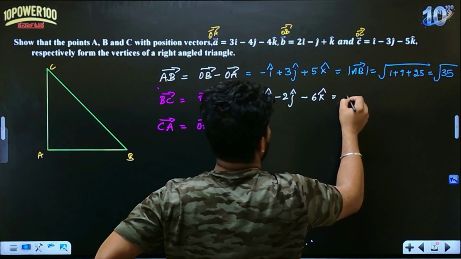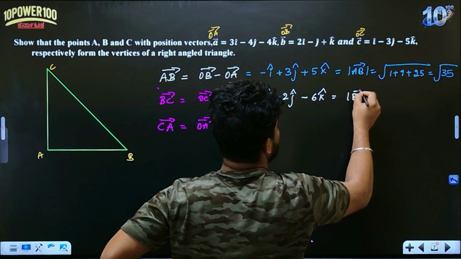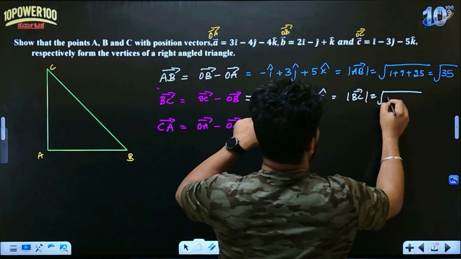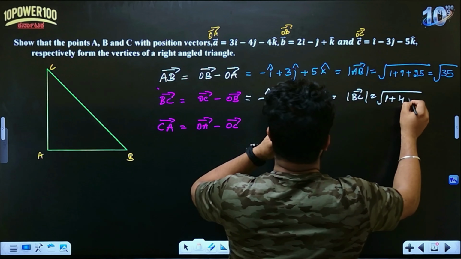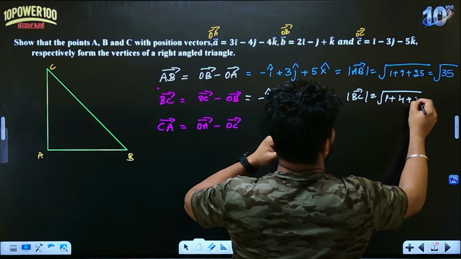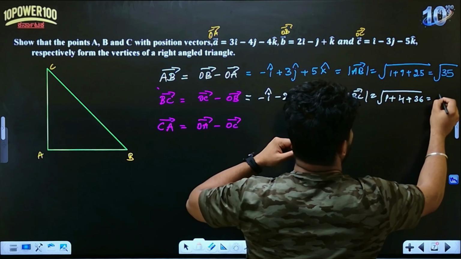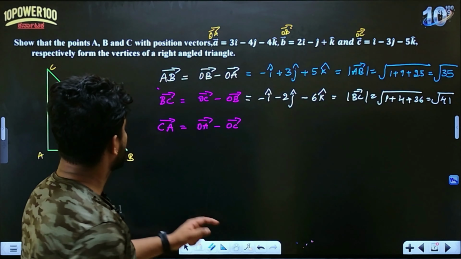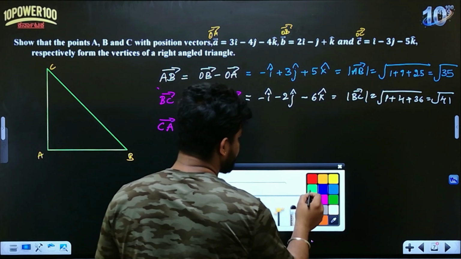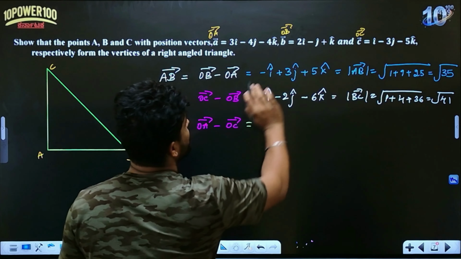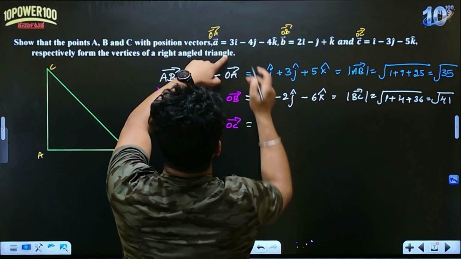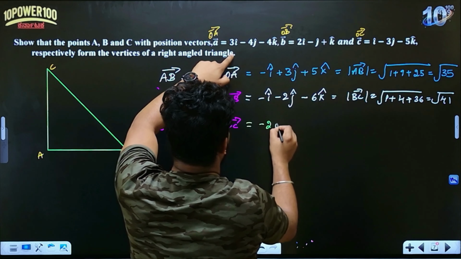So next, magnitude of vector BC is equal to square root of 1 plus 4 plus 36, that is root 41. Okay, next this one. OC is that, and this, so I minus 3i, that is minus 2i cap.